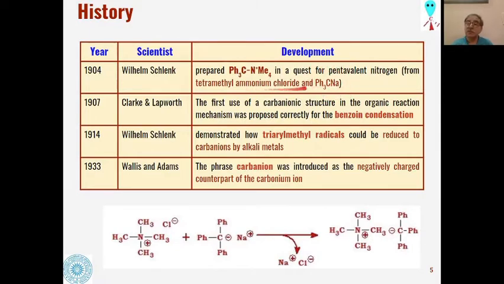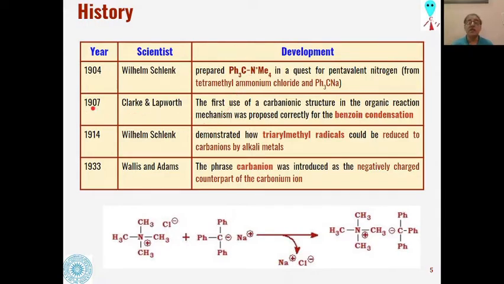When he treated these two for the preparation of a pentavalent nitrogen, this type of salt was recovered. Although he didn't name it a carbanion, this was the first report which told us that a negatively charged carbon species may occur.